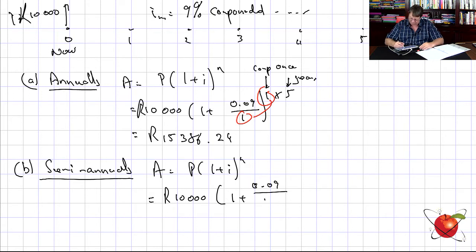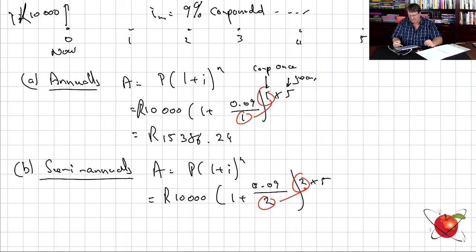Twice. To the power of 2 times 5. Once again, can you see? There it is. In other words, this is the effective rate, isn't it? It's compounded twice there to get the rate correct, and there's my years.